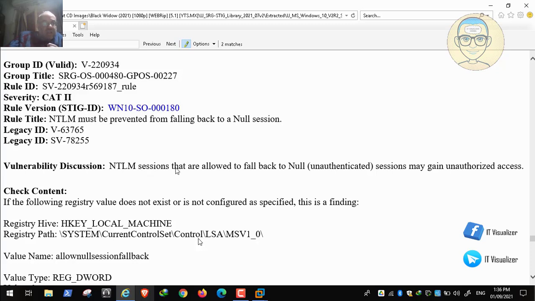He's saying that NTLM sessions, or the authentication sessions, are allowed to fall back to null. Unauthenticated sessions may gain unauthorized access.